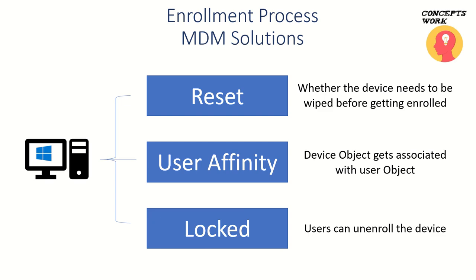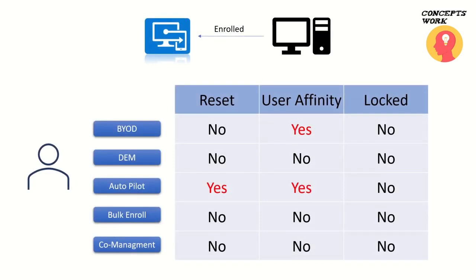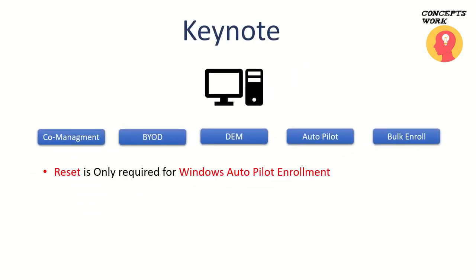All these three components have their own purpose depending upon the method that you are choosing to get your device enrolled. This is a table which has the references for which method, what feature will be available. The key takeaway from this table is that reset will only be done if you are using Windows Autopilot enrollment.